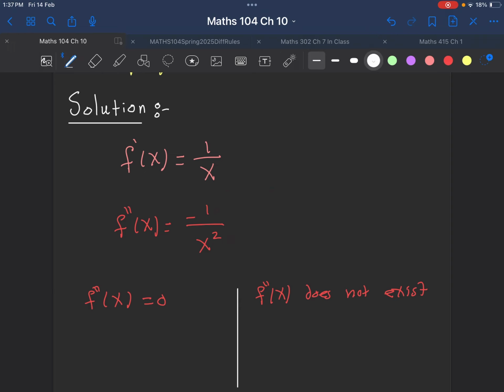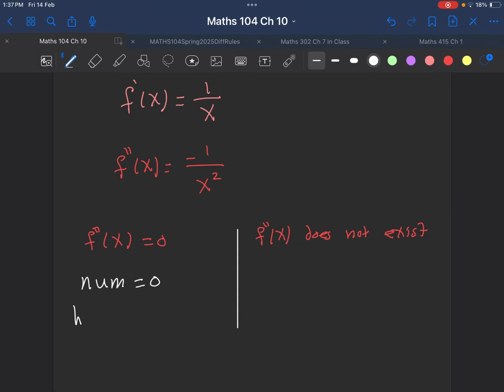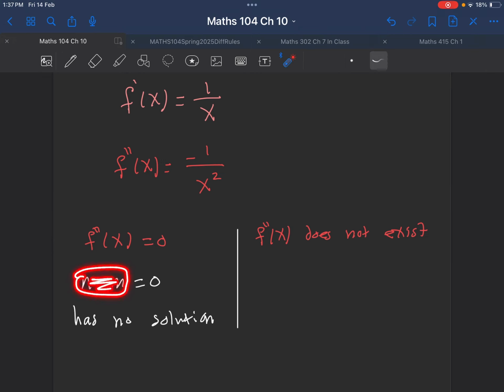Now, because I have a numerator and a denominator, I will get the numerator equal to 0, but this has no solution. Why does it have no solution? Because the numerator is just negative 1, and negative 1 will never be equal to 0, so this case is useless to me. I need just to focus on the second case.